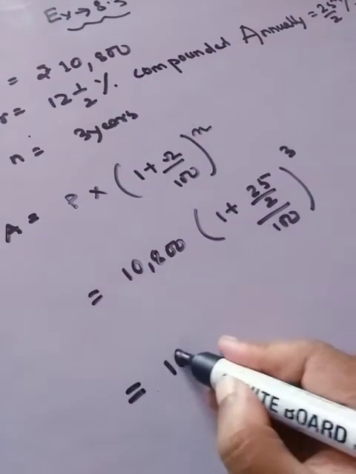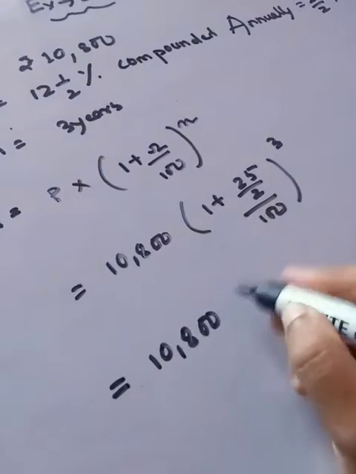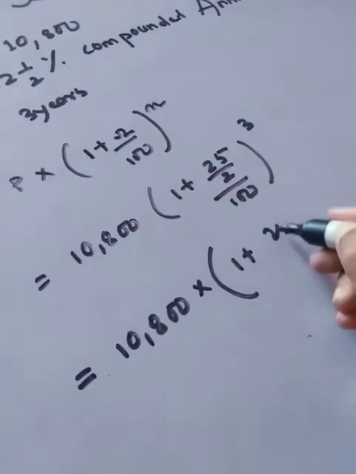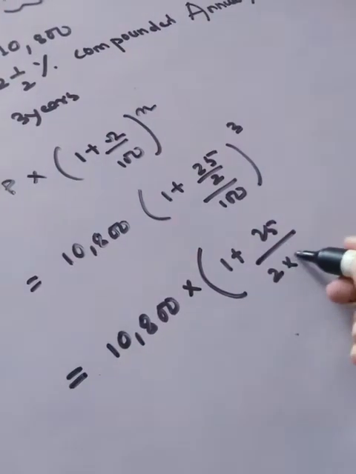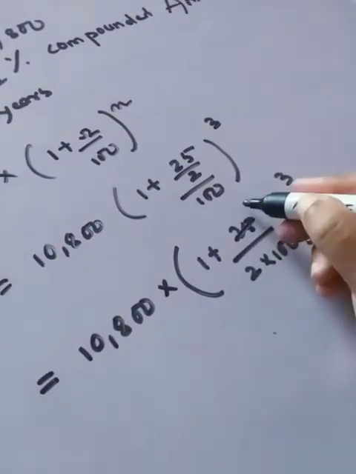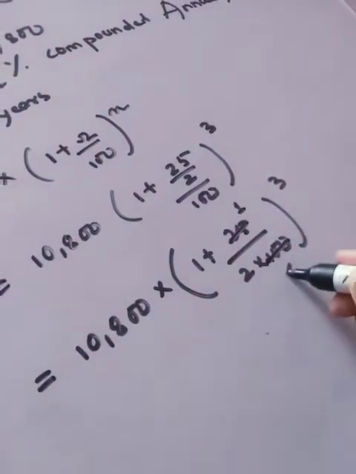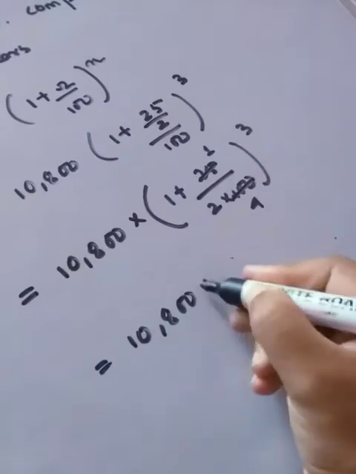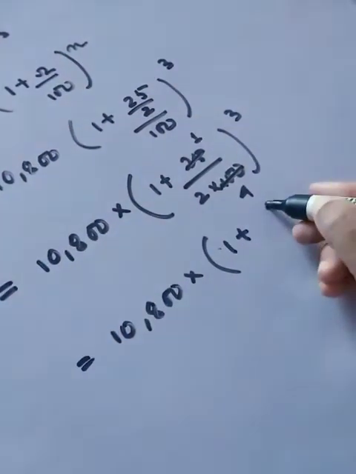Now this 2 will come down, 2 into 100, to the power 3. Now we reduce it: 25 ones are 25, 25 fours are 100. So 10,800 into (1 plus 1 by 8).